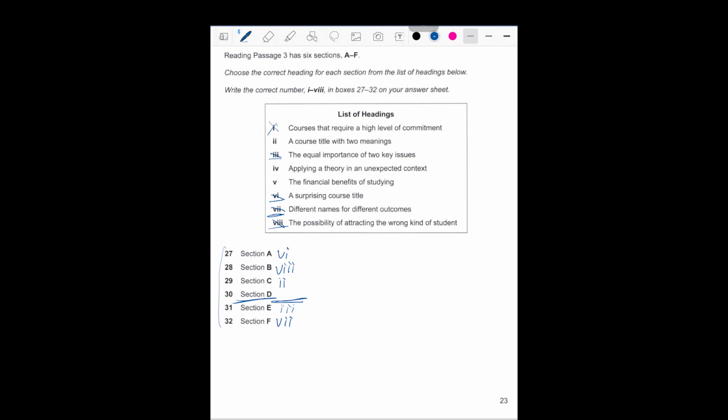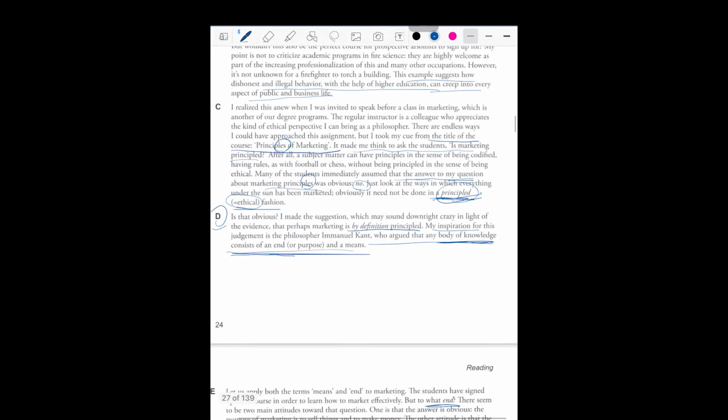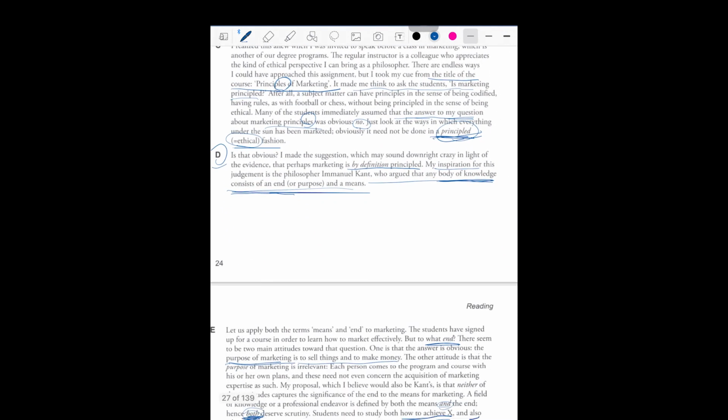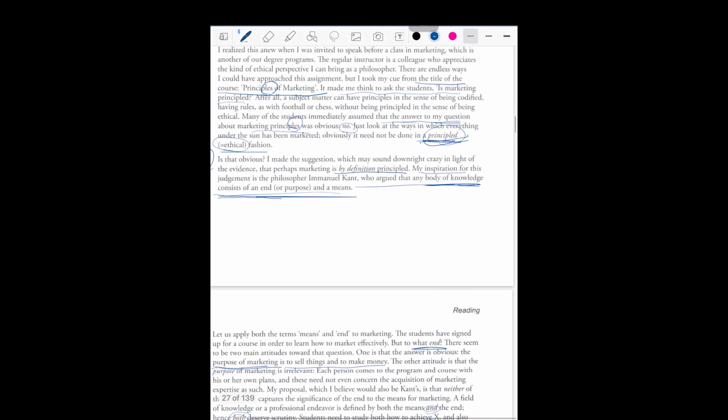This one is also ruled out. A course title with two meanings. Okay, we have chosen this one as well. Okay. Applying a theory in an unexpected context. A theory. What is the theory? What is an unexpected context? This one may be the heading, I would say. What is the theory? The quote.